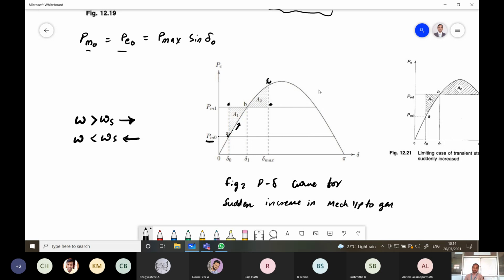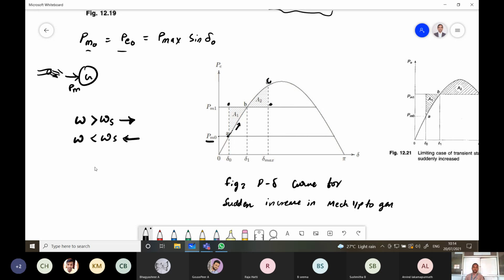So a sudden change in mechanical input is due to opening of the steam valve. Whatever PM we are giving to the generator, by opening the steam valve, the steam to the turbine suddenly increases, so the mechanical input increases.